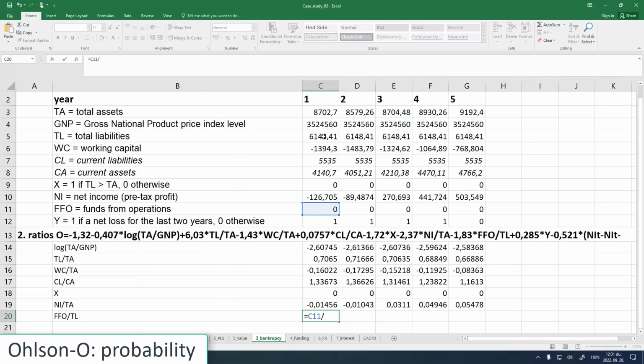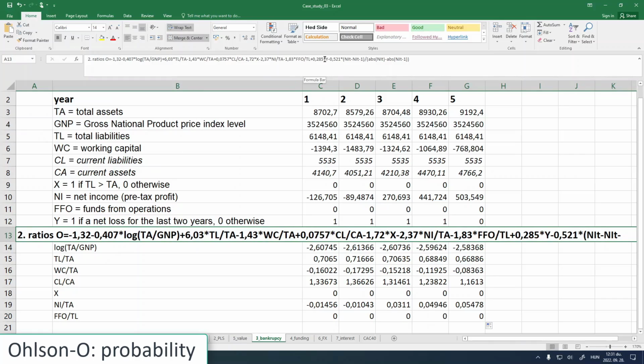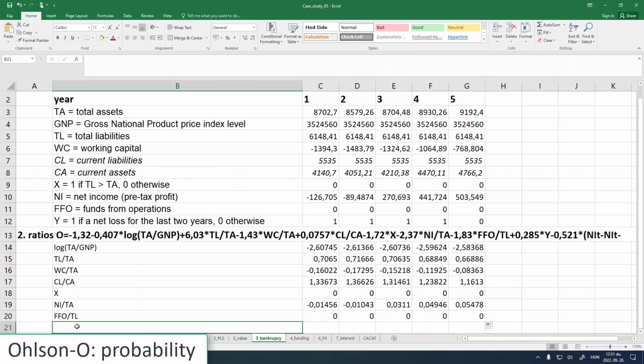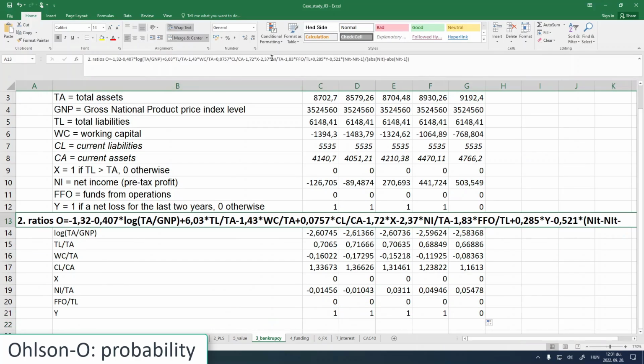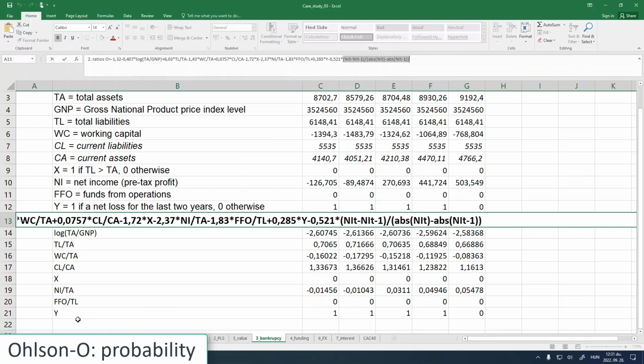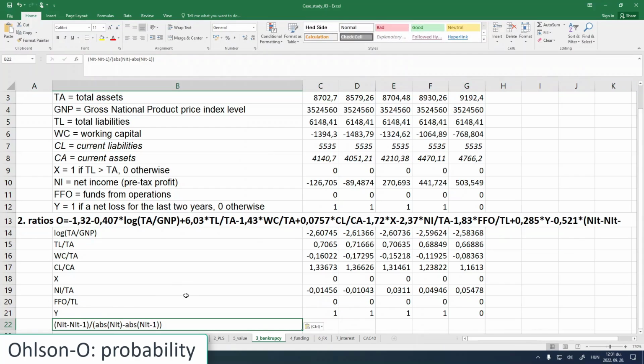Sorry, total liabilities. Yeah. Still 0, but in a different way. Epsilon. It's not 0, since we had losses. And now this is beautiful.